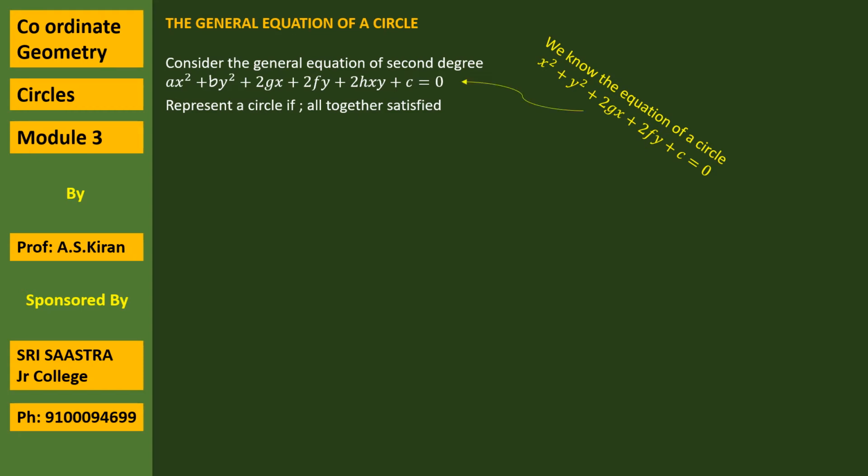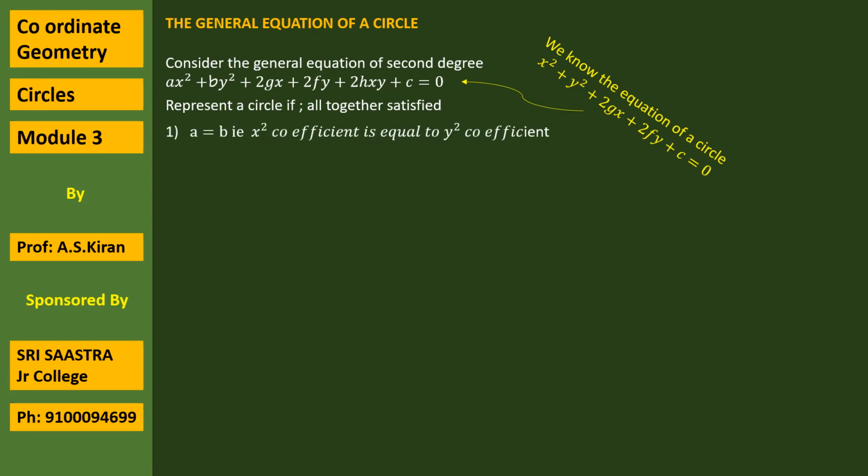Now, comparing both the equations, in the original equation you can observe that there is no xy term. At the same time, the x square coefficient is 1, the y square coefficient is 1. What I mean to say, the coefficients of x square and y square must be same. Now, like that, the argument proceeds.